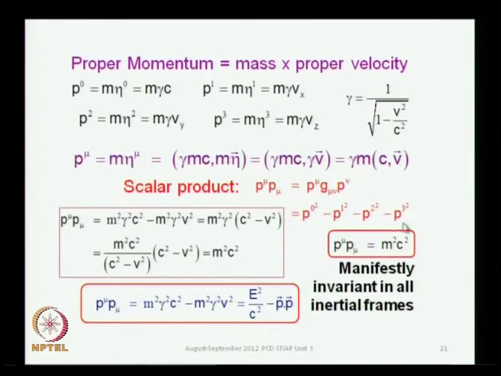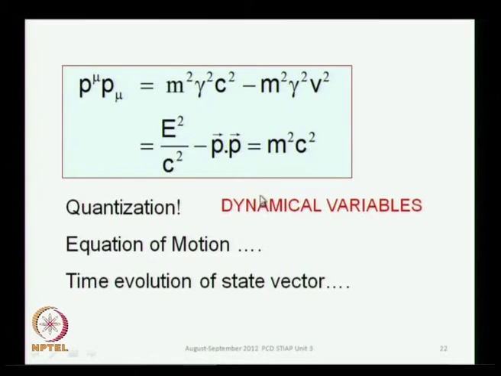Now, if you look at this expression, it has got two terms. One is the quadratic term in this velocity and the other is a quadratic term in the speed of light. And if you take the difference, essentially this is E square by c square minus p square. Now, what I have made use of is a certain well known relativistic expression, and now we have the dynamical variables with us.